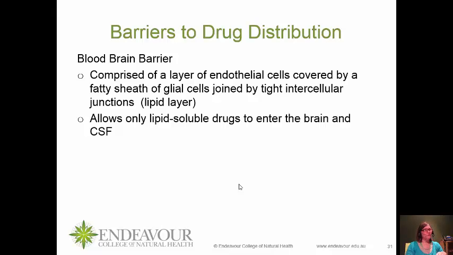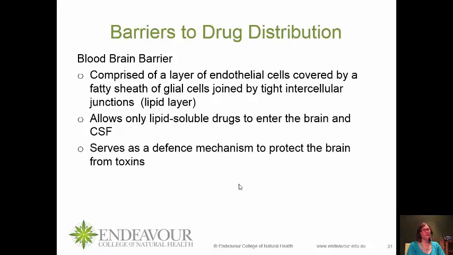So we want to distribute these drugs to the cerebrospinal fluid, and thereby they will be delivered to the parenchymal structures in the brain or other parts of the brain.